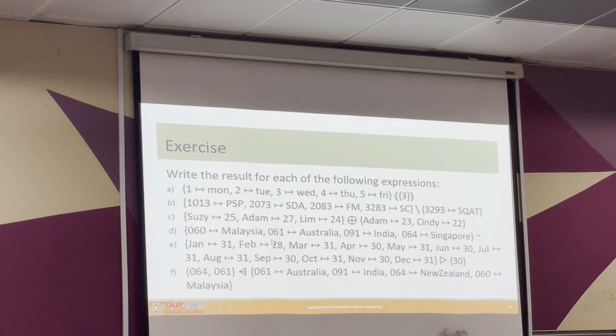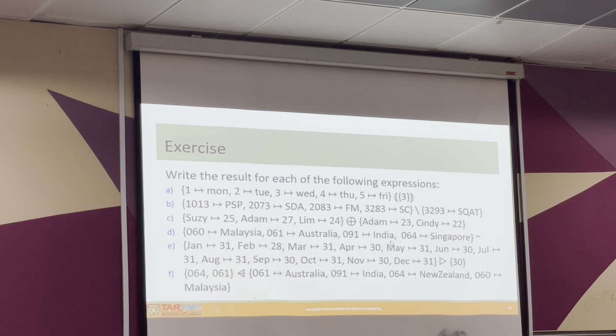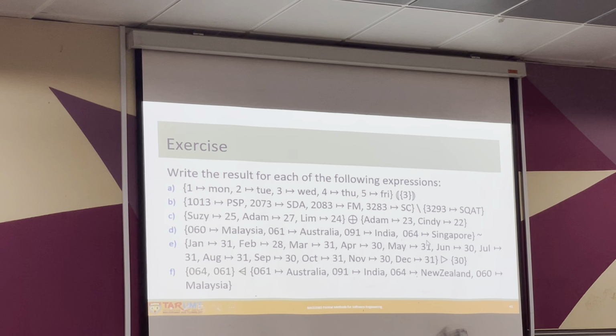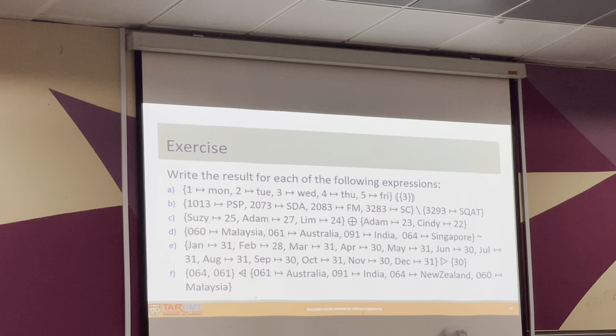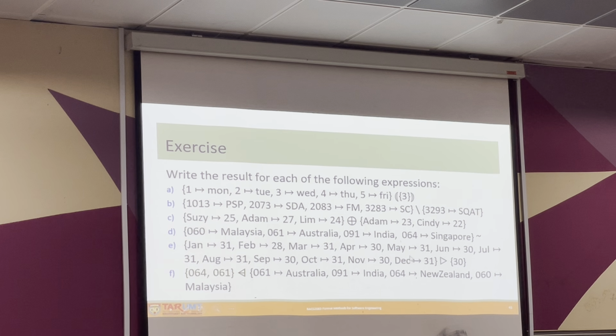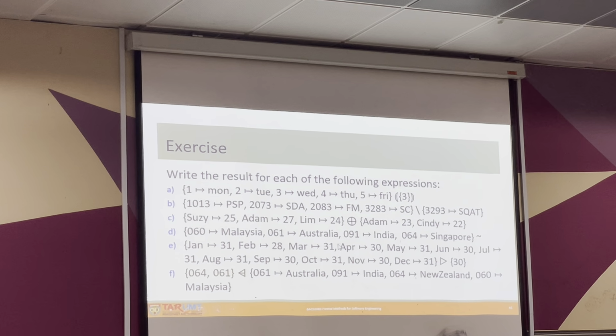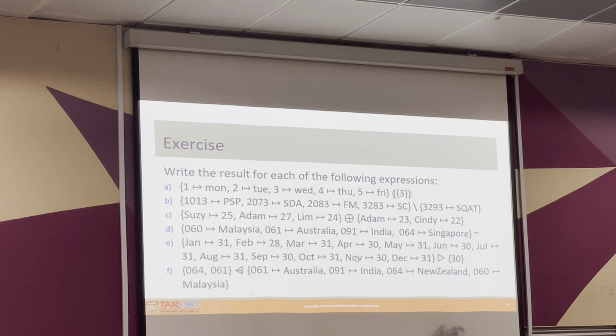Inverse, so it is reversed. So you put Malaysia 060, Australia 061, India 091, Singapore 064. Okay, so reversed, you can get the answer. Okay, E. So the last answer will be April 30, June 30, September 30, November 30.